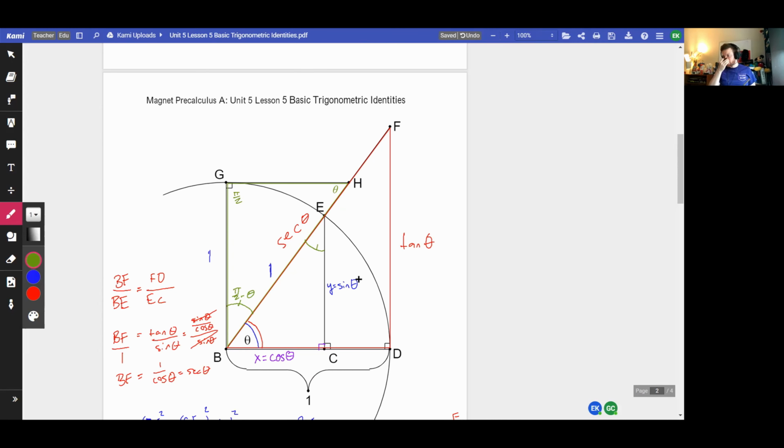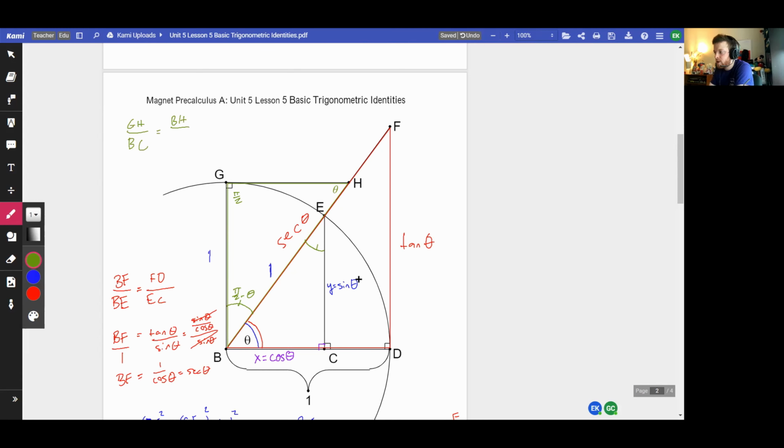All right, we need a ratio. We need to find out what these segments actually are. So GH over BC is going to be equal to the hypotenuse, BH over BF.